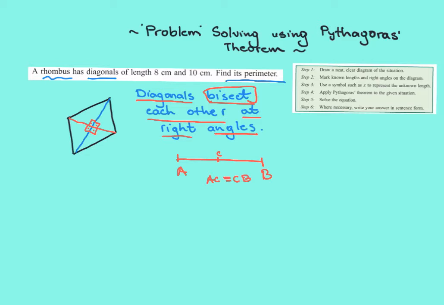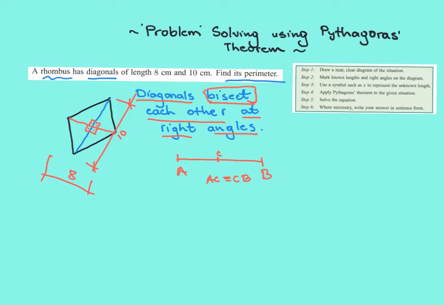And we do know that diagonals are 8 and 10 centimeters long. So the blue one looks a little bit longer. Let's say that one is 10, like that. And this one here, we're going to say it's equal to 8 because that's the given.